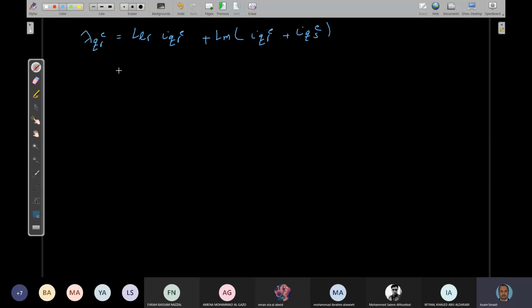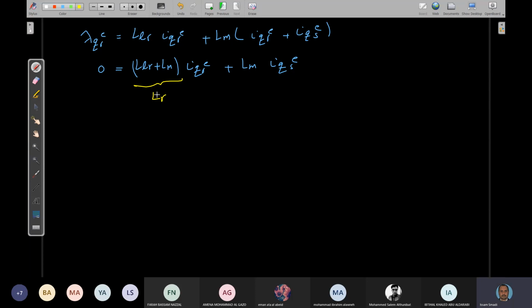Now, if I collect the terms here, and by assumption lambda QRE is equal to 0, here I can say LLR plus LM, all multiplied by IQRE, plus LM multiplied by IQSE, and this actually is LR, the rotor inductance.